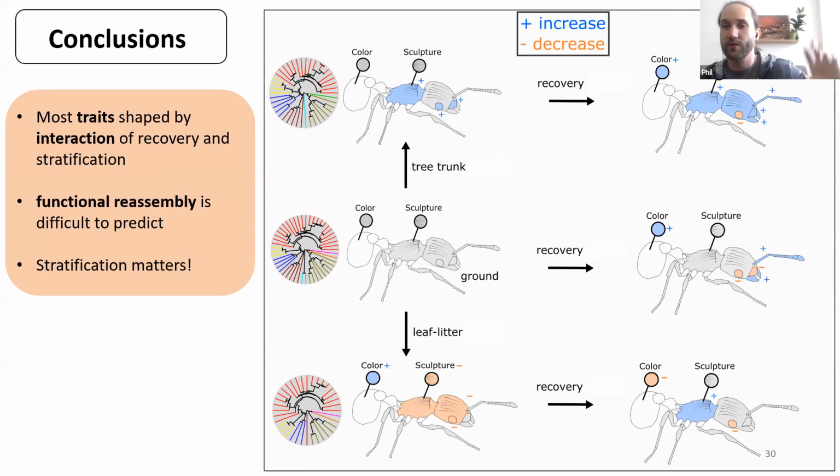And it only changed across stratification. On the trees, they actually had a higher phylogenetic diversity, but this didn't change at all across recovery time. So the phylogeny was not incorporated in the traits as such. The traits, like the colors, were analyzed separately.